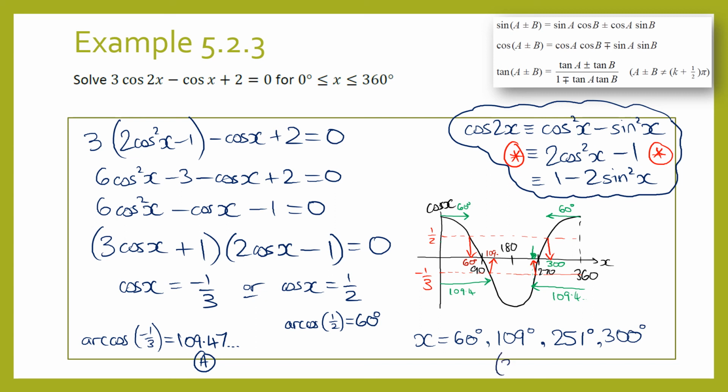Those middle two values have been rounded to 3 significant figures, but the first and last were exact, no rounding needed. And that concludes example 5.2.3 and also section 5.2. So now's a good time to practice solving trig equations where we need to use the addition formulae.